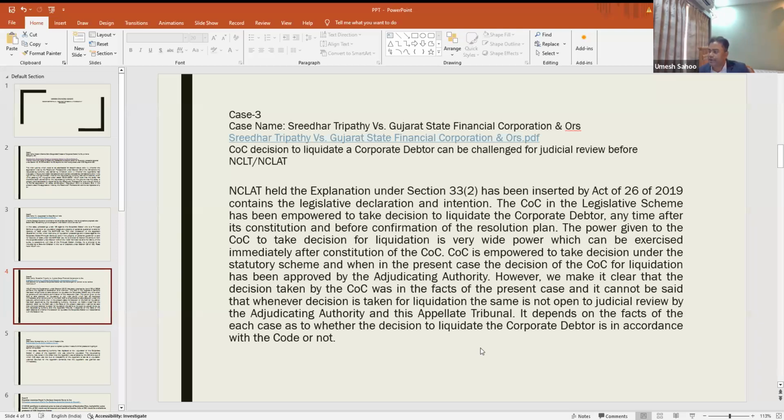In many situations, like I told, whenever resolution is not available, where the expenditure could not be met, where the time period has lapsed, and there is no chance in the circumstances of getting a better bidder, in those cases also the honorable tribunal may take the decision. So here the case is that a COC decision to liquidate a corporate debtor can be challenged for judicial review before the NCLAT.